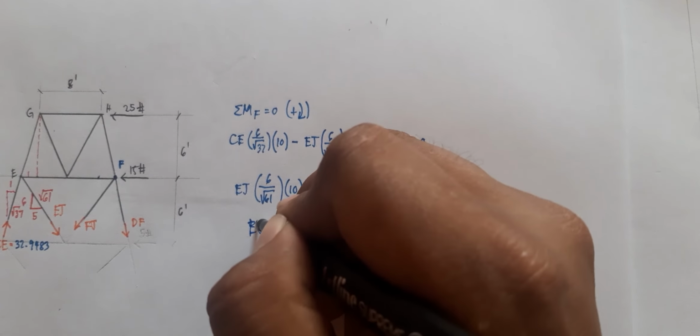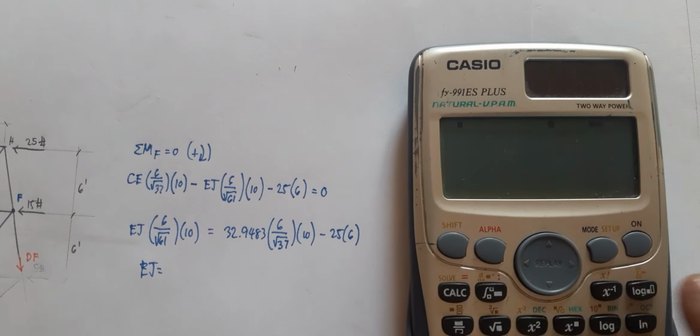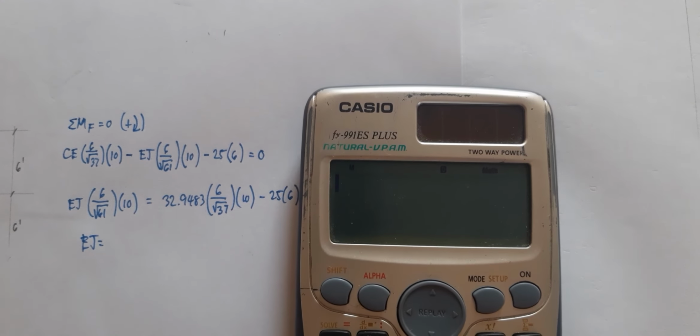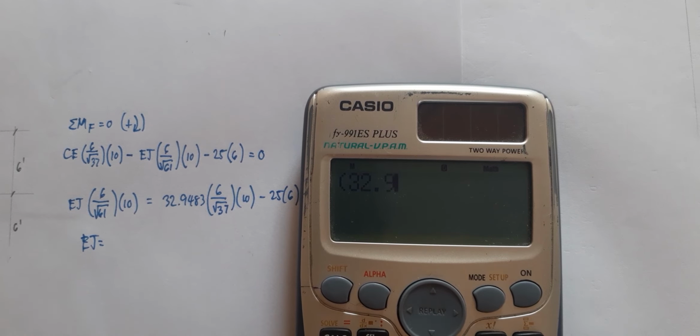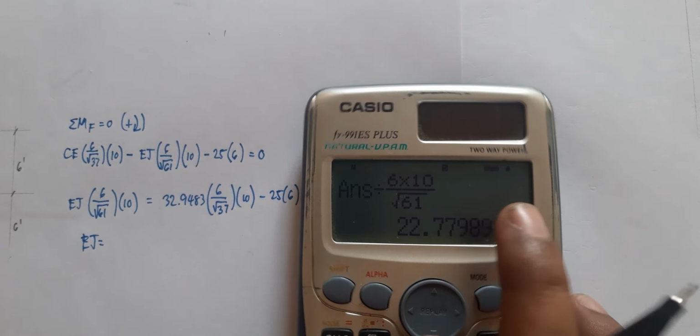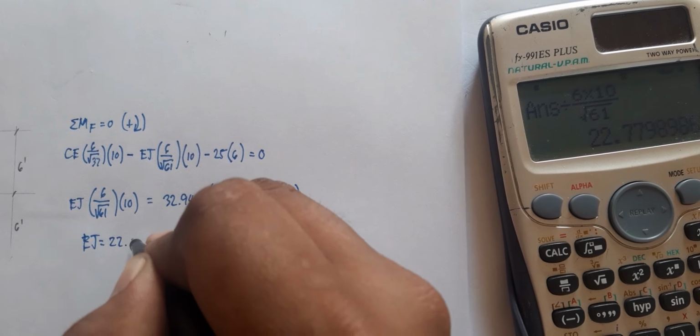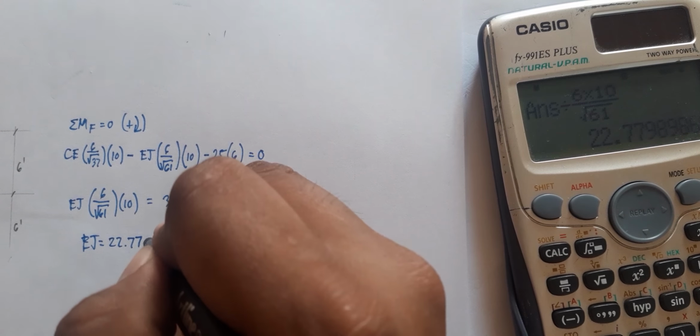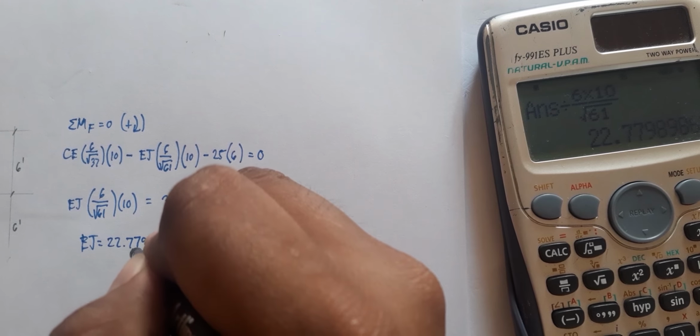So therefore EJ is equal to 32.9483 times 6 over the square root of 37 times 10, close parenthesis, minus 25 times 6, divided by 6 over the square root of 61 times 10. So you would have an answer of 22.7799 pounds. So that one is positive.